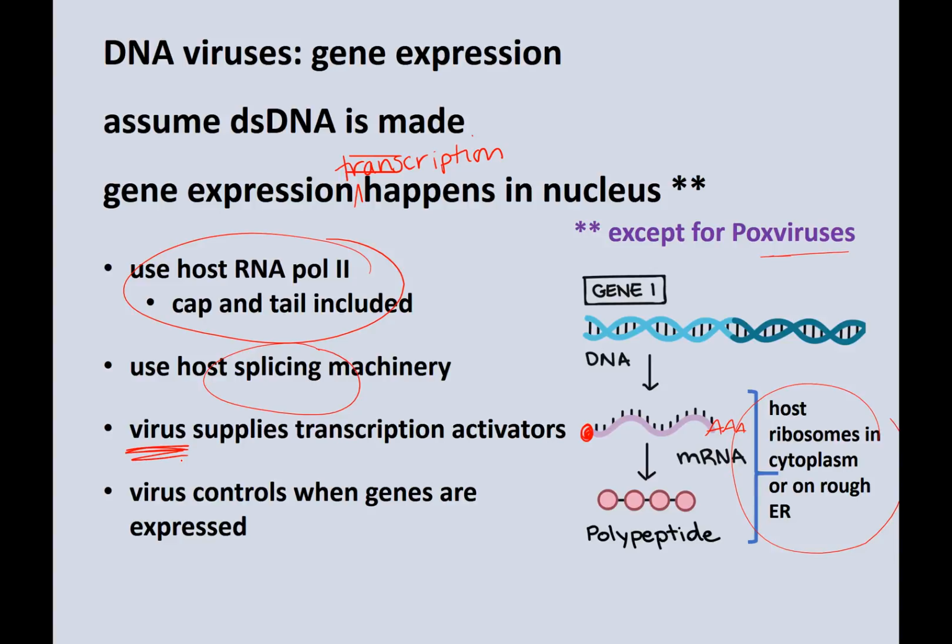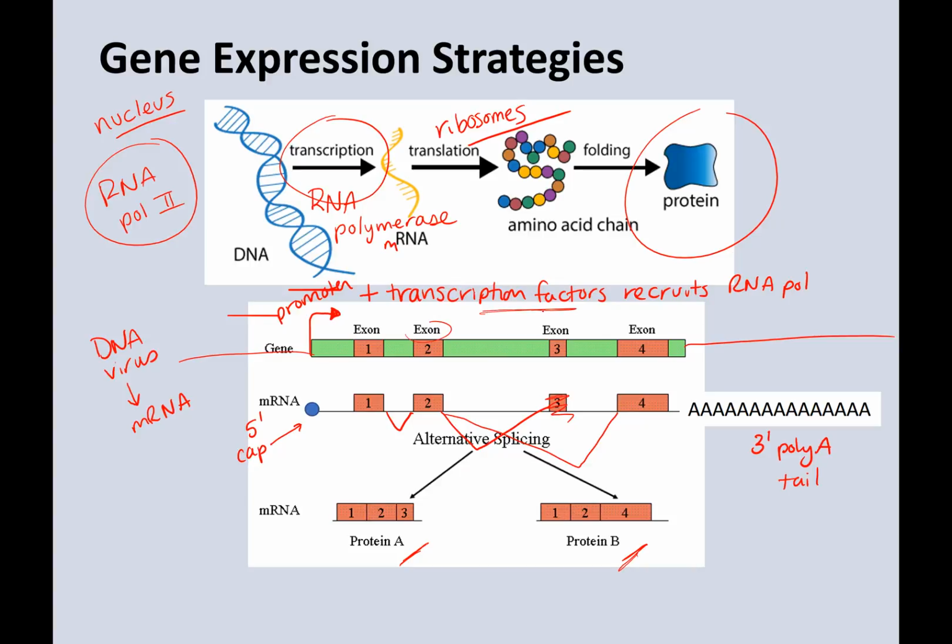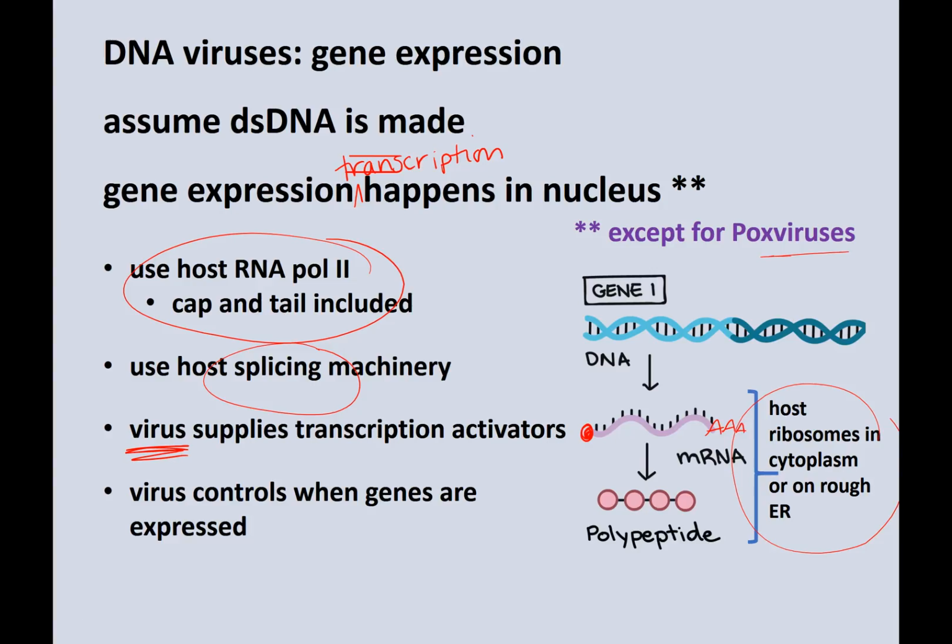The virus needs to supply a transcription activator. So these transcription factors, the virus needs to supply proteins that help the RNA polymerase recognize the viral DNA for transcription. The other thing that viruses do is they control when genes are expressed. And this is especially important in DNA viruses.